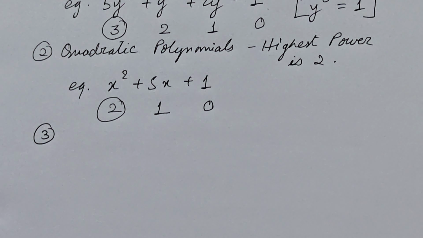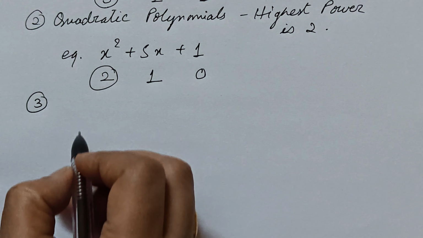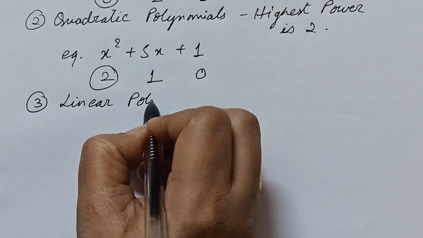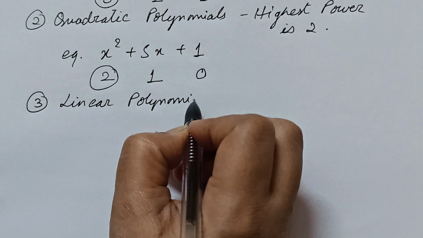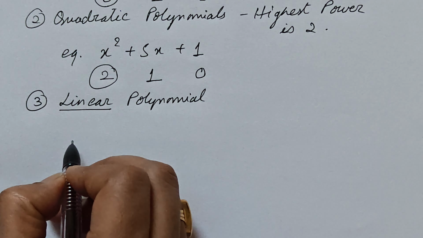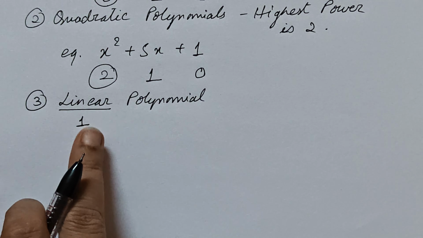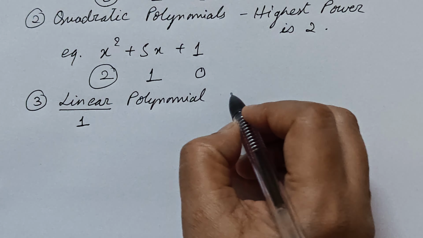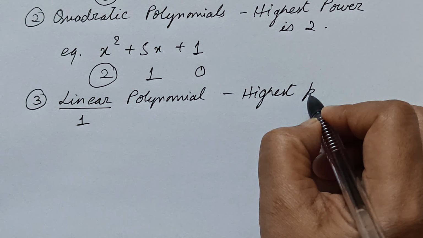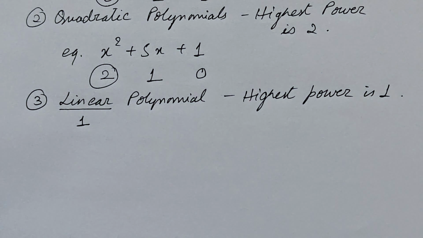Next, the third one, the chapter name itself, linear polynomial. What is the meaning of linear? Linear means 1. So with the meaning of linear we can say that the highest power of this polynomial is 1.